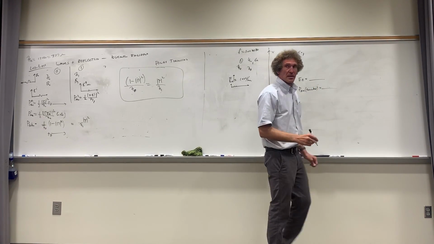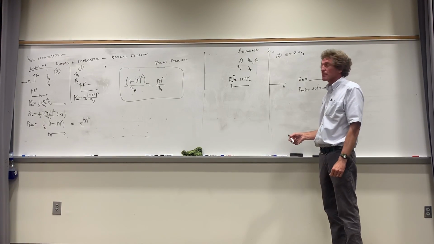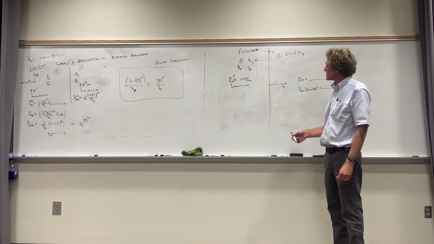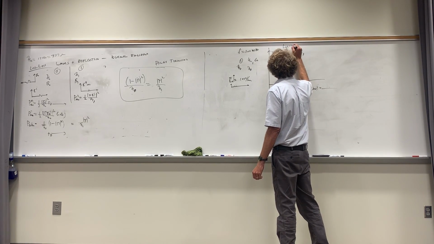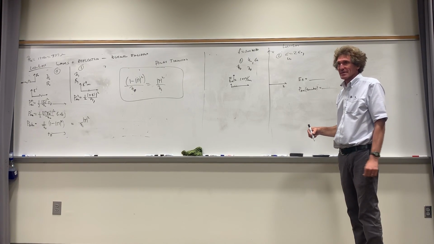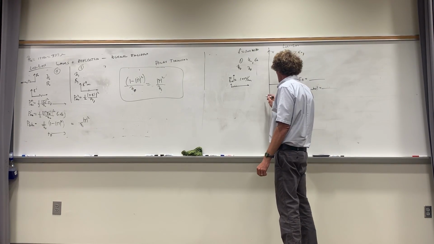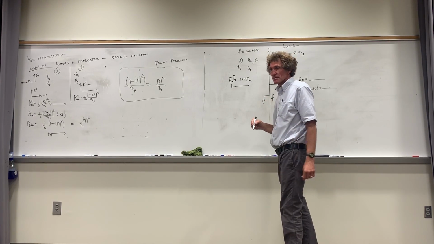So, let's do it. First of all, what do I need to do this problem? Assume this is mu naught, and it's lossless. Guys, what do we need? Well, don't I need the transmission coefficient or the reflection coefficient?